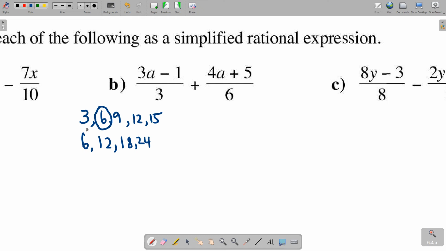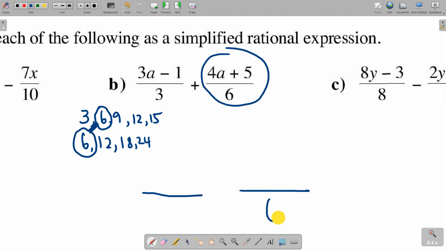Voila. So, the lowest common denominator is 6. The denominator we're targeting at the bottom of each of these fractions is 6. Yay! Because that one's already done.